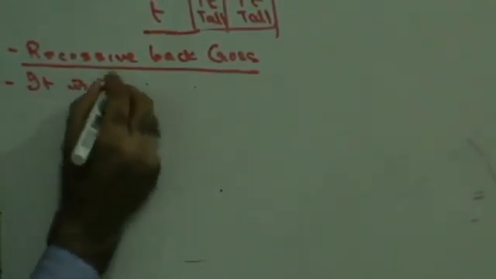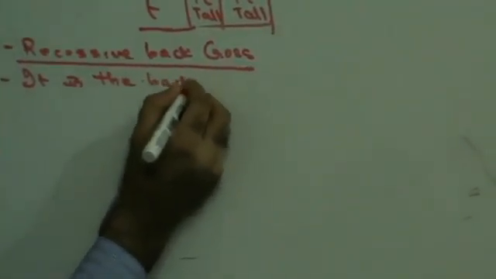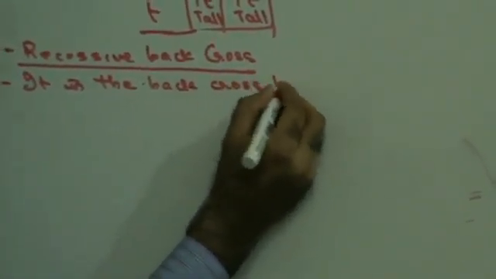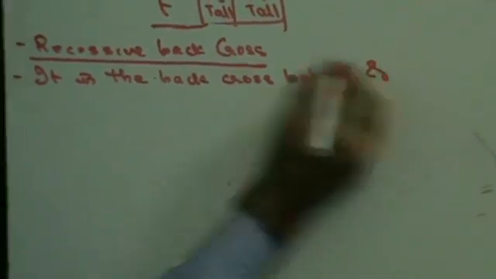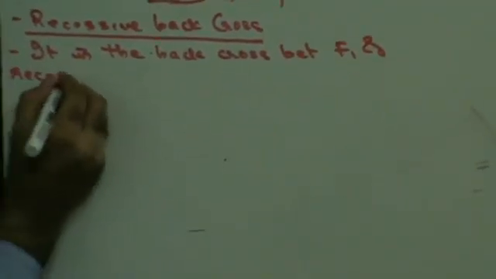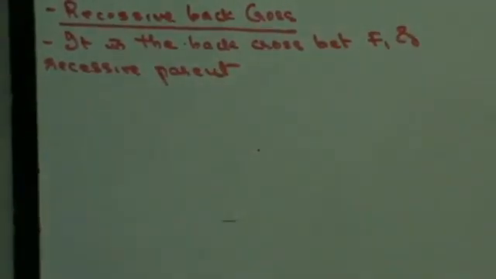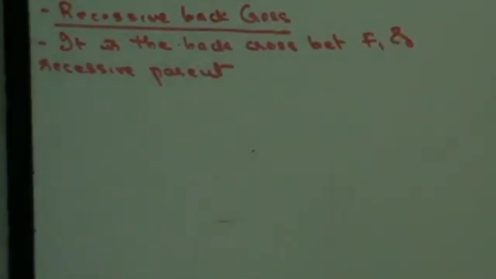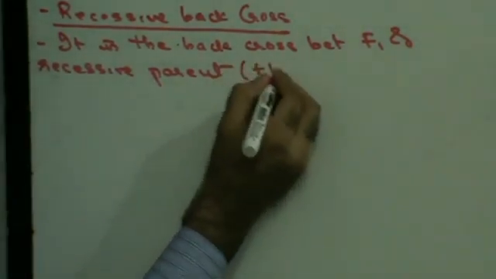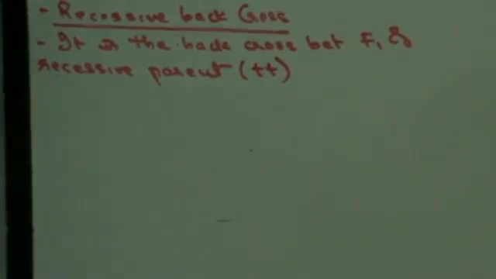It is the backcross between F1 and recessive parent. This is what is recessive backcross, right? So in recessive parent, that is small tt, right?